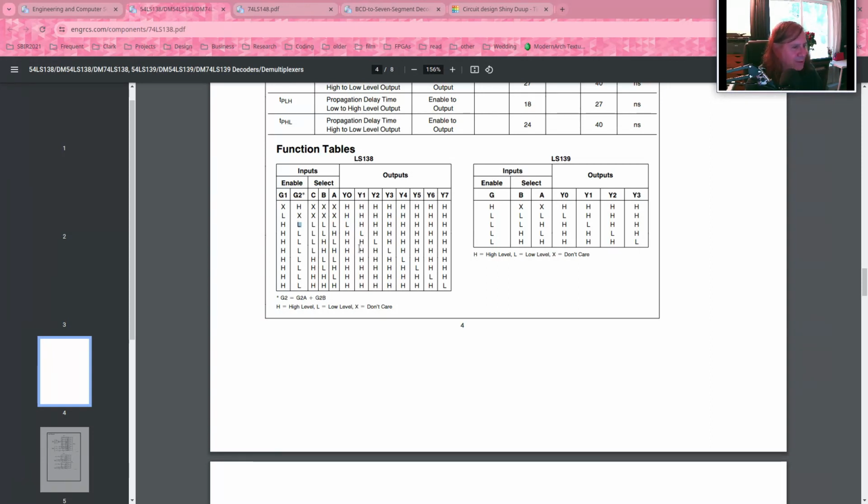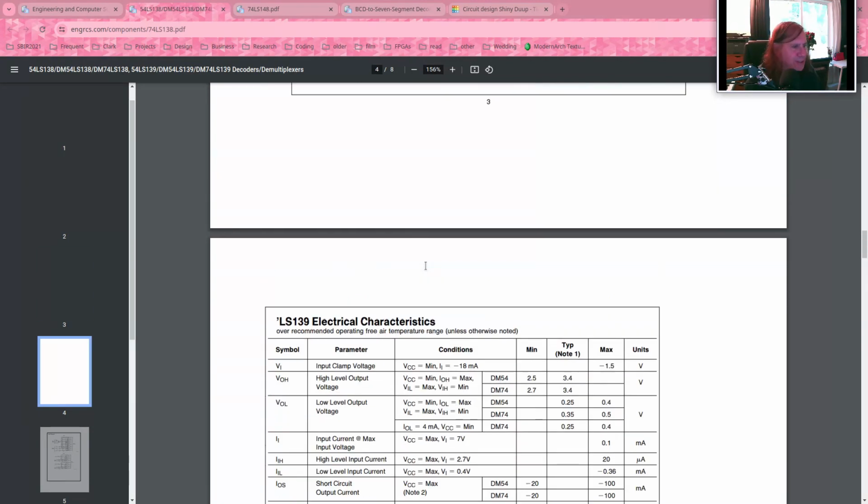And then the output is based on what the select lines are. So G1 has to be high, G2 star has to be low. Well, G2 star is actually the OR of G2A and G2B. So for this to be low, both of these G2s have to be low, and then G1 has to be high. All right, so G1 is high, G2 is low.